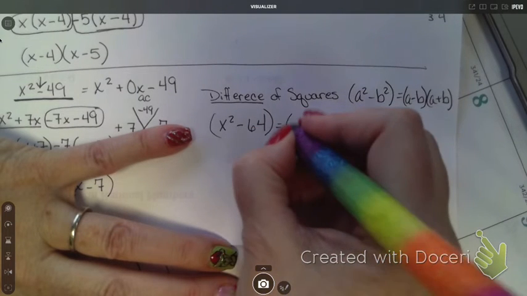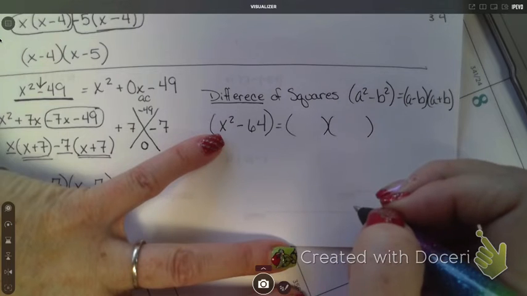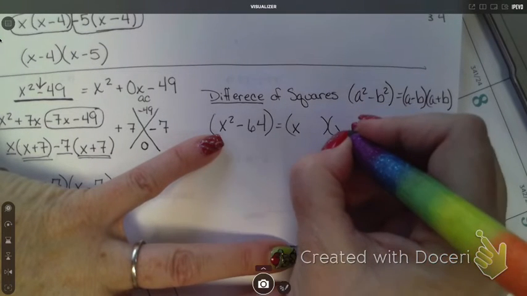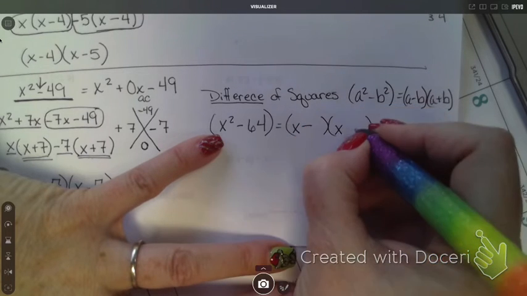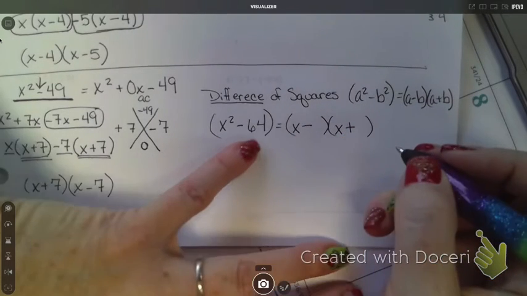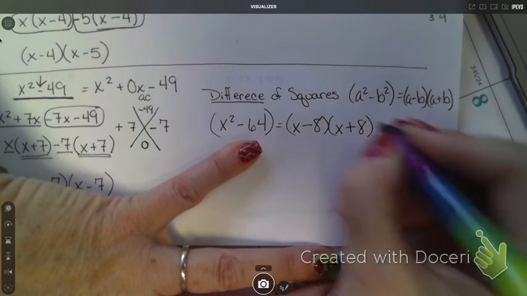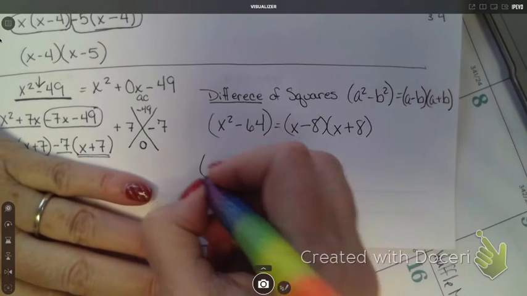So I can go straight to here. So what's the square root of x squared? X. So put an x and an x. One's plus, one's minus. Doesn't matter which way I put them. And what's the square root of 64? 8. Okay. Let's make it harder.